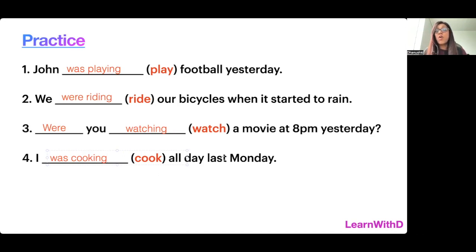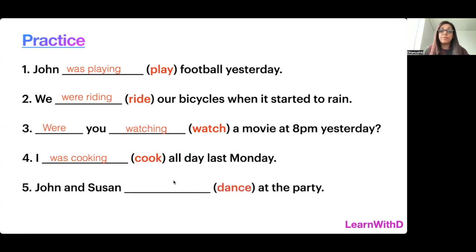Because it says here all day last Monday, which means I was cooking for a long period of time. So I was cooking all day last Monday, right? And it was because the verb to be for I in the past tense is was. All right. Let's look at the last sentence.